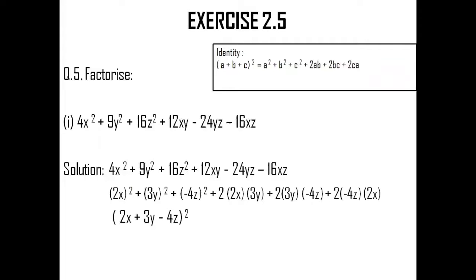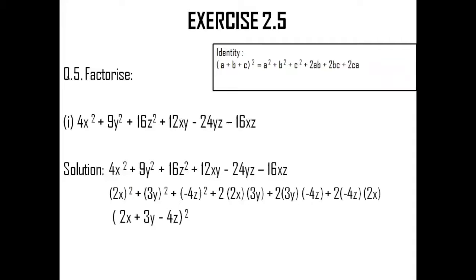Then all that I have to do is put the formula further in 2ab plus 2bc and 2ca, and then put the values of a, b and c, that is 2x, 3y and 4z. While doing that, you will realize that in the first part, I have to have 12xy, which is 2 2s are 4, 4 3s are 12, 12xy. Had I put 2 into 3y into 4z, I would have got plus 24yz.